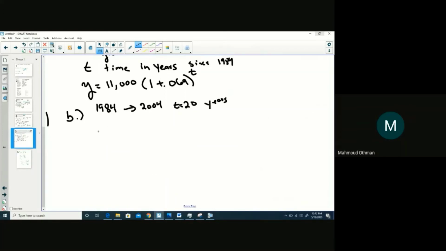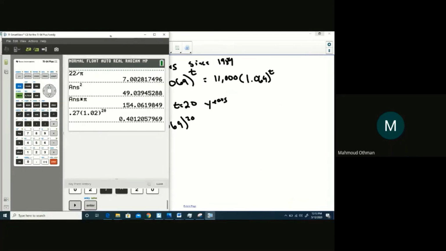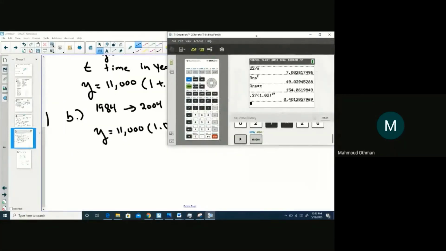So if T equals 20, I'm going to have to plug in y equals 11,000 times 1 plus, or no, I lied. Jumped the gun here. 1.069 to the 20. Actually, I didn't finish this problem up here. 1.069 to the t.